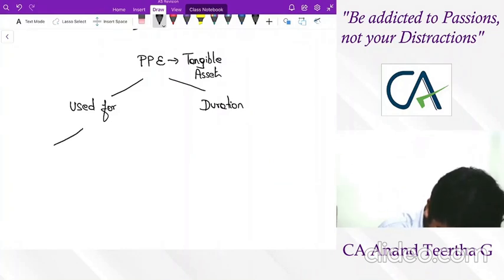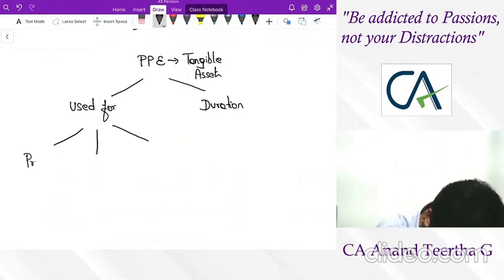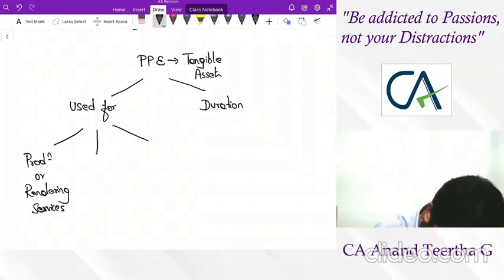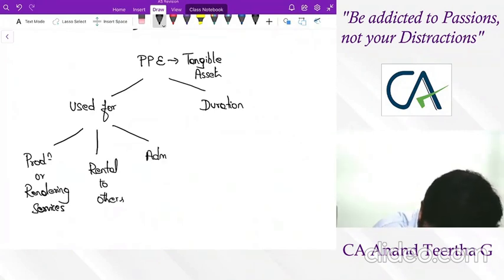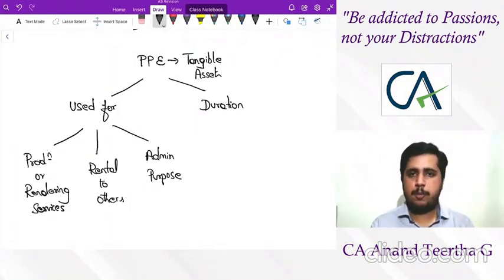Used for, there are three things available according to the definition. Used for production or rendering services. Second, for rental to others. Third, for admin purposes. So the purposes are of three types. Either you use it for production to produce goods or to render services.